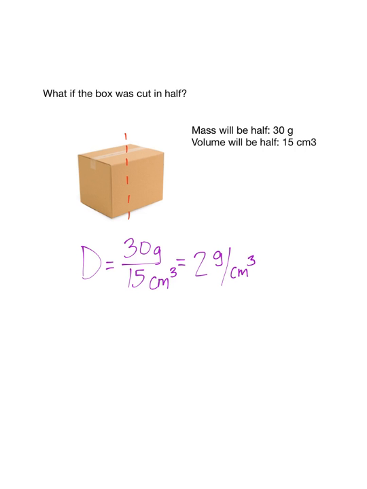It will take up half as much space as it used to. So my volume will go from 30 centimeters cubed to 15 centimeters cubed. If I cut the box in half and figure out the density again, I can plug in my mass of 30 grams divided by my volume of 15 centimeters cubed, and I still receive 2 grams per centimeters cubed.